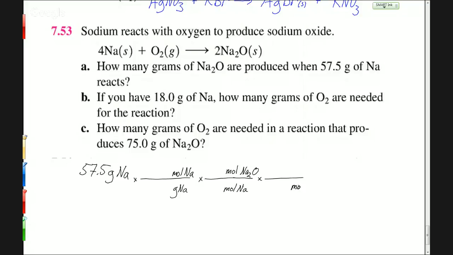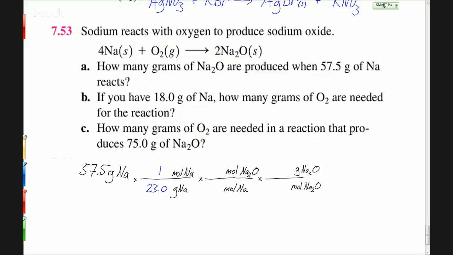And then finally, converting those moles of Na2O to grams of Na2O. All right. Grams to moles, moles to moles, moles to grams. Same as everything else.